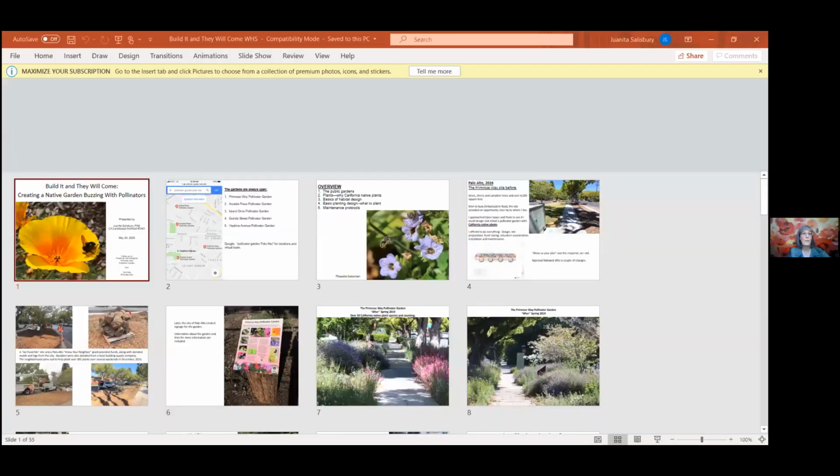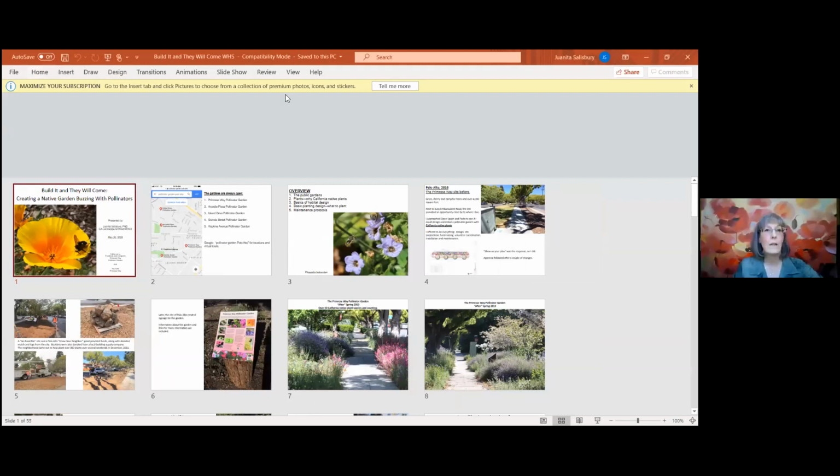Bear with me a moment. I have this problem every third time I present in a meeting. There it is. Okay, share, and then let's go to slideshow from the beginning.